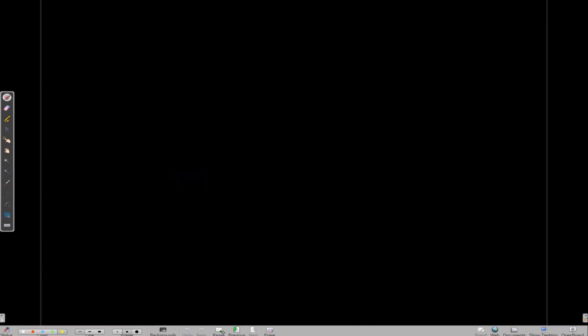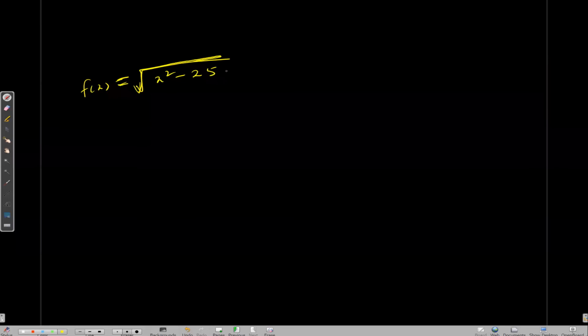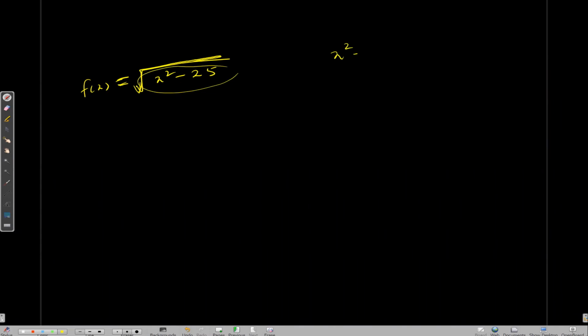How about this? f of x equals the square root of x squared minus 25. Now this one is actually a little tricky because you need the help of polynomial inequalities. We did not cover that yet, but let me show you how to do this. So this expression must be greater than or equal to 0.